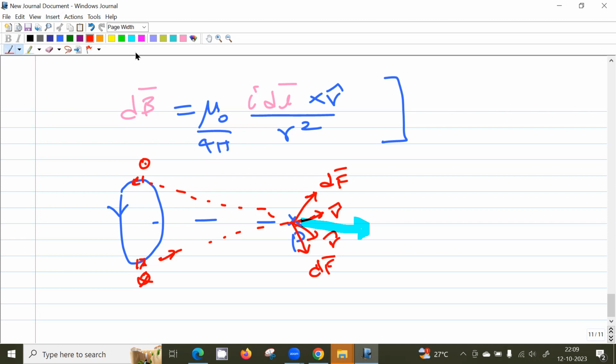But the vertical component due to the top element will be like this, and that due to the bottom one will be like this, so the vertical components will cancel. So the magnetic field due to this pair of current elements is along the axis, towards the right. Similarly, we take the second pair here and here. The same thing happens: this gives a magnetic field in this direction, but the perpendicular components cancel. This way we can derive that relation.